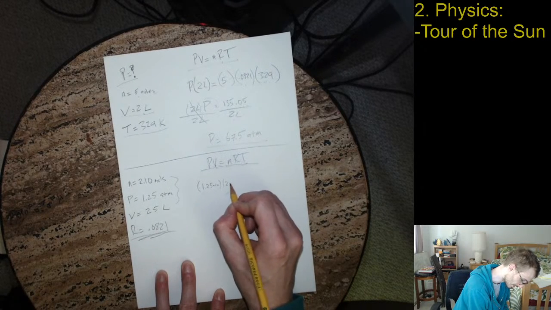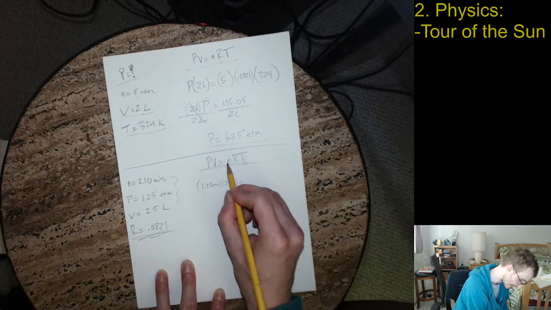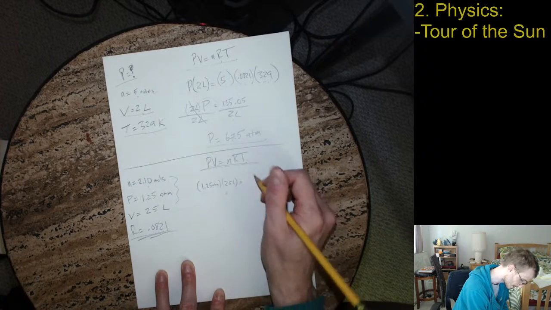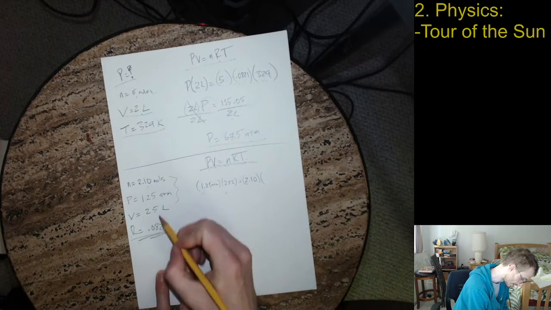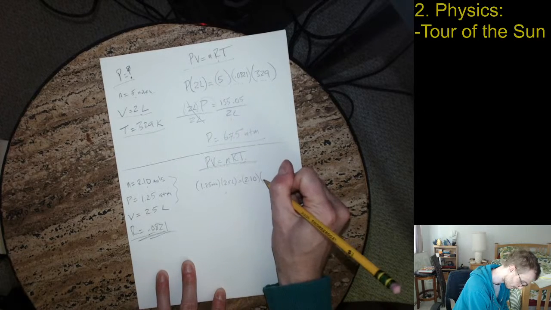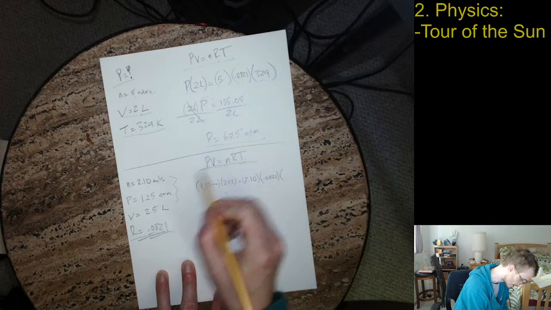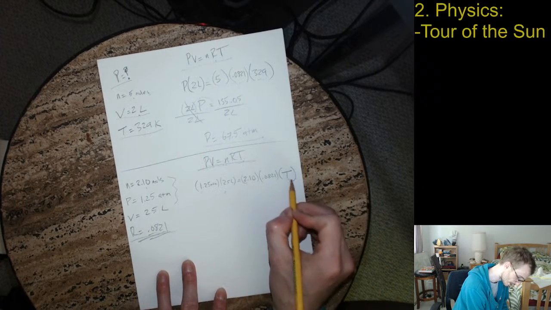It's 25 liters. And then on this side, I need n, R, and T. So n is right here, 2.10. R is 0.0821. And then T is, oh, I don't have it. So that's a variable. So this is the one thing I'm solving for.